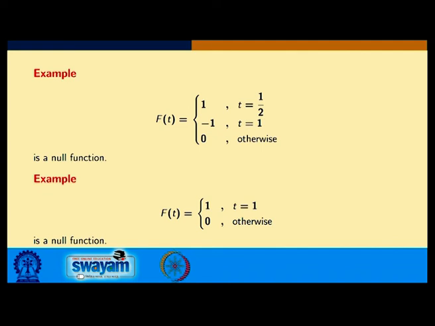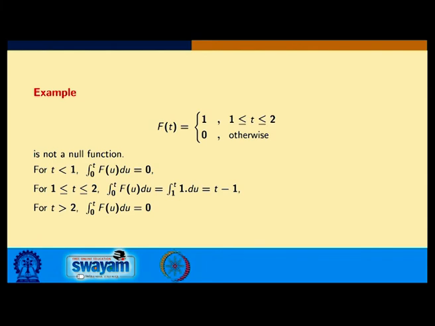Another example, as I gave you, f(t) equals 1 at t equals 1 and 0 otherwise is a null function. This function is not a null function when t lies between 1 to 2, because for t less than 1, as I showed you earlier, for 1 to 2 the value is t minus 1 and for the other case it is equal to 0. So, therefore, the function is not a null function.